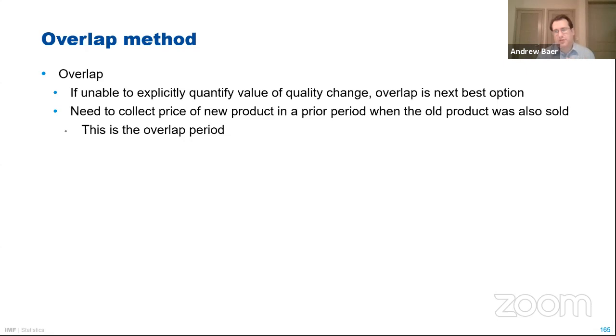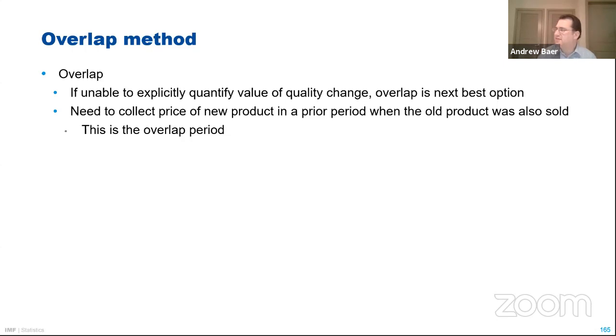Now to something that was a very common method, I think, that we use for quality adjustment. It's called the overlap method. If you're unable to use the methods we discussed earlier to explicitly quantify the value of the quality change, your next best option is to apply an overlap.